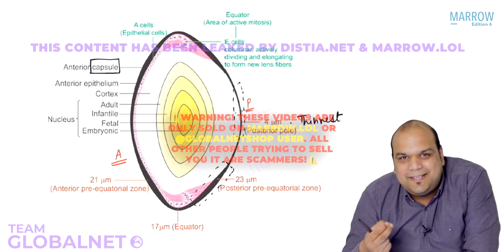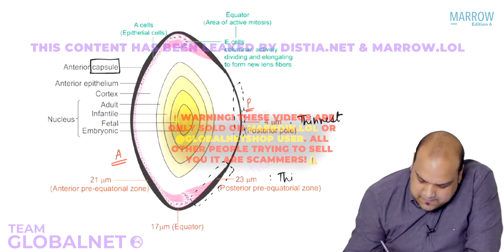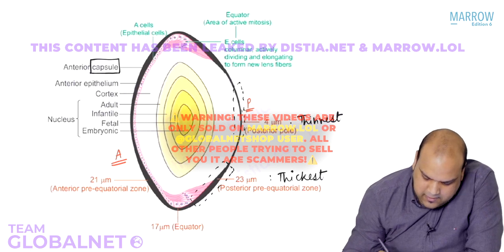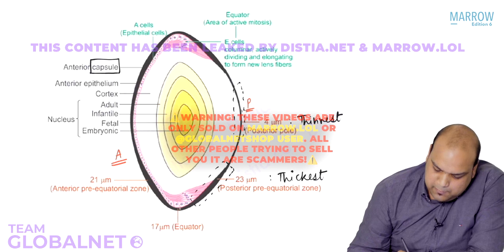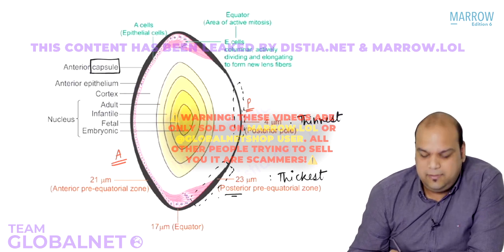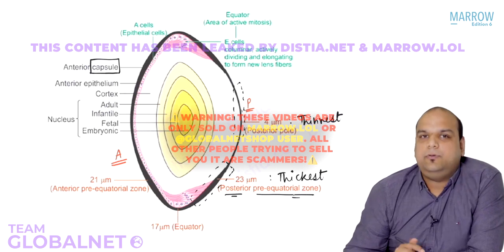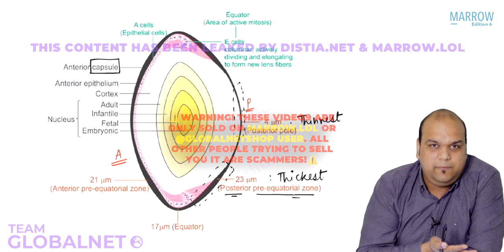So at the posterior pole, the center of the posterior surface, it is the thinnest, whereas it is thickest in this area. What is this area called? It is behind the equator. Yes, so posterior to the equator, the posterior pre-equatorial zone. Am I clear to everybody?